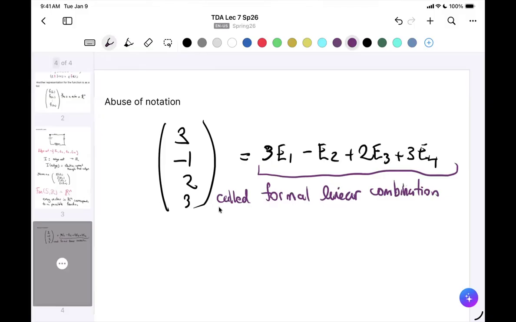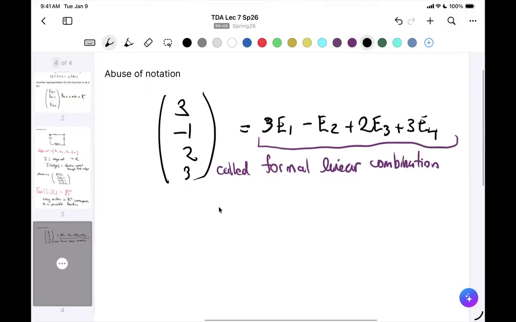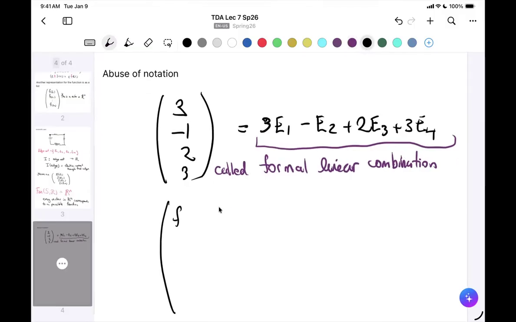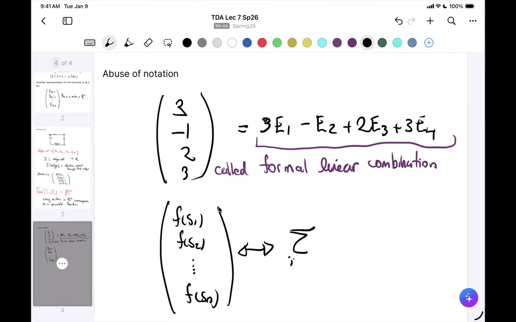And the idea is that in the general case, if you had f of s1, f of s2, up to f of sn, in this fancy notation, you just write this as the sum from i equals 1 to n of f of si times si, right?